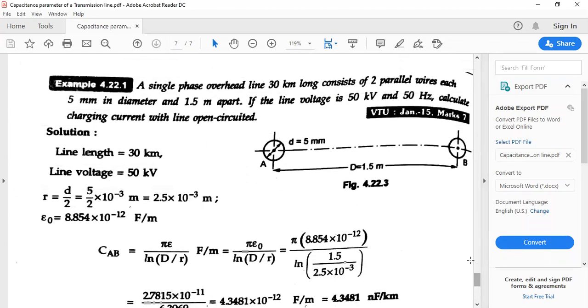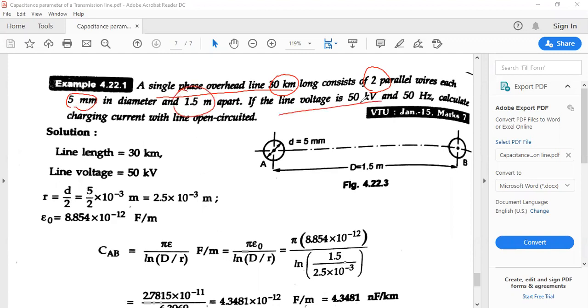So let me read out a simple problem on a single phase line. A single phase overhead transmission line, which is 30 kilometer in length, consists of two parallel wires, each of 5 millimeter in diameter and 1.5 meter apart.